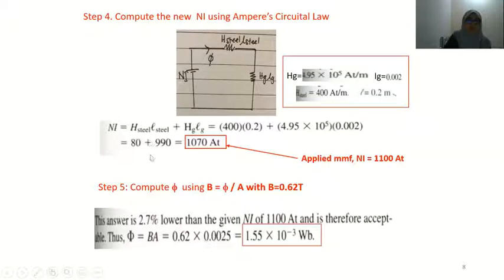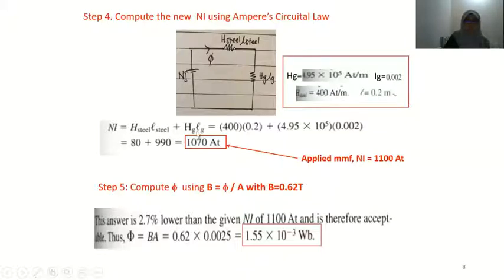Referring to the Ampere circuit law, the Ni is H L steel plus H L G. The summation of these two gives you 1,070 ampere turns, compared with the applied MMF of 1,100 ampere turns.